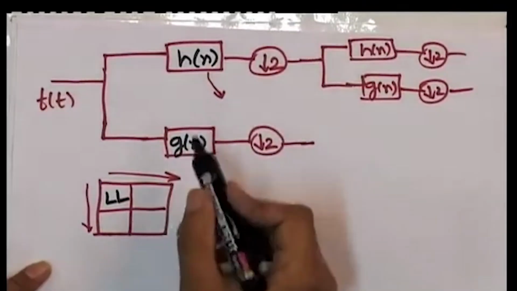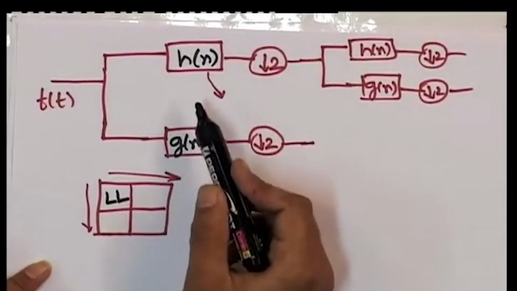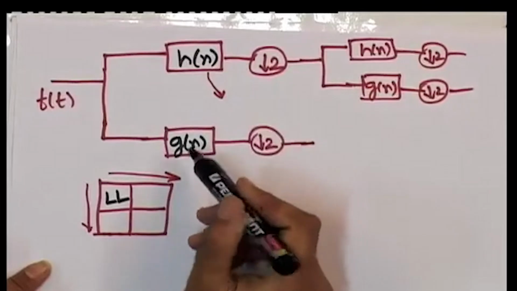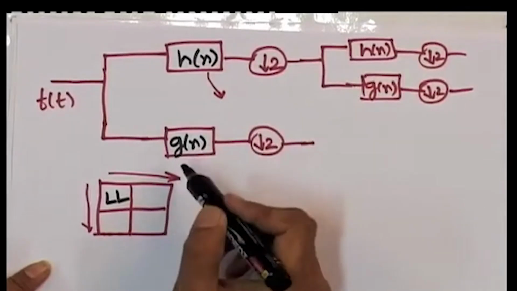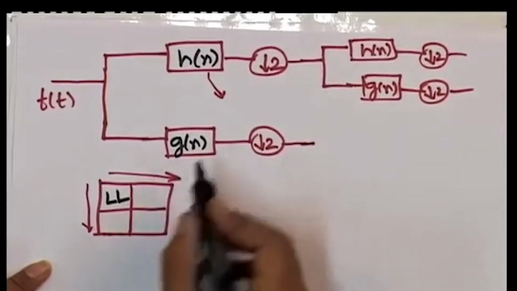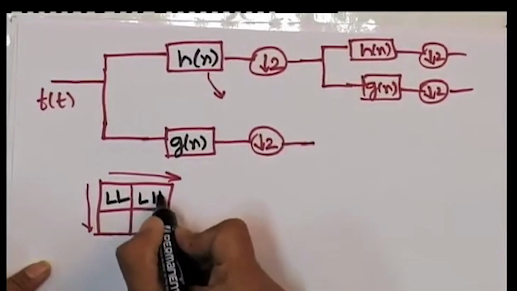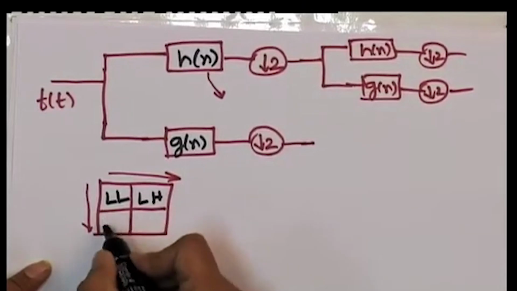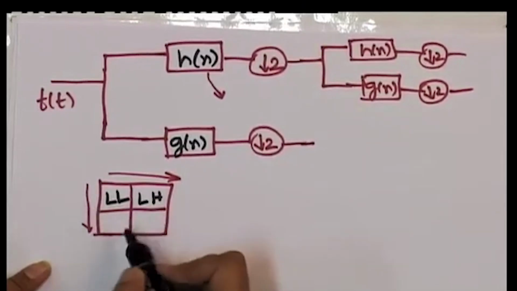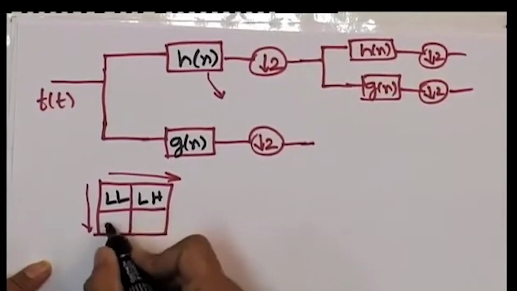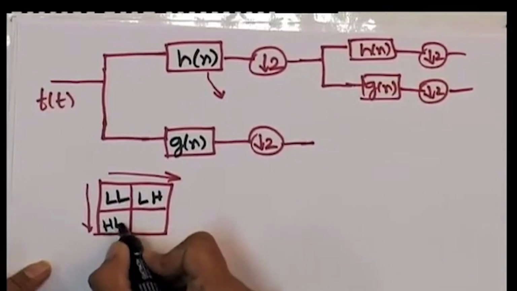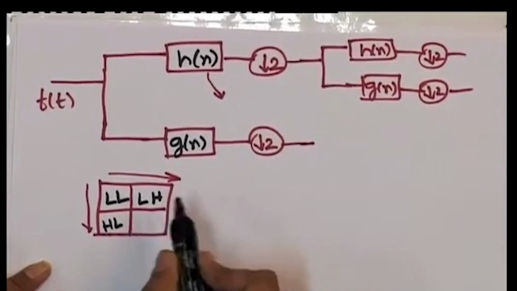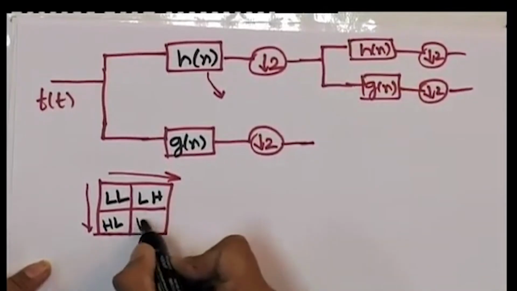If we apply low pass filter HN row wise, downsample it and then apply high pass filter GN column wise, then we will get the LH band. We repeat this for high pass filter row wise and low pass filter column wise, then we will get HL. And if we apply high pass filter both row wise and column wise, then we will get the HH band.